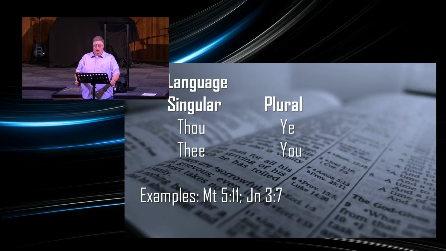And in some ways, it was somewhat archaic even at the time that they translated it, because by the mid-16th century, people didn't talk using, for example, ye and you and thou and thee. That had fallen into disuse.